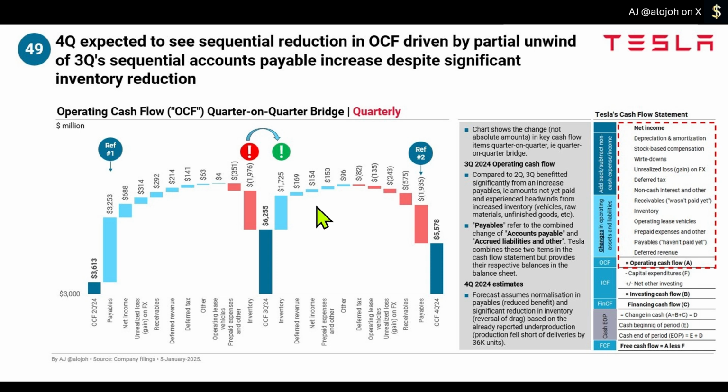And on top of that, there were other effects we will discuss in a second, but that was the main effect. Then you have a bunch of smaller items, and then you have a negative in payables. And I'll discuss in a second why I think payables create a meaningful headwind in the fourth quarter. And these were really the main drivers.